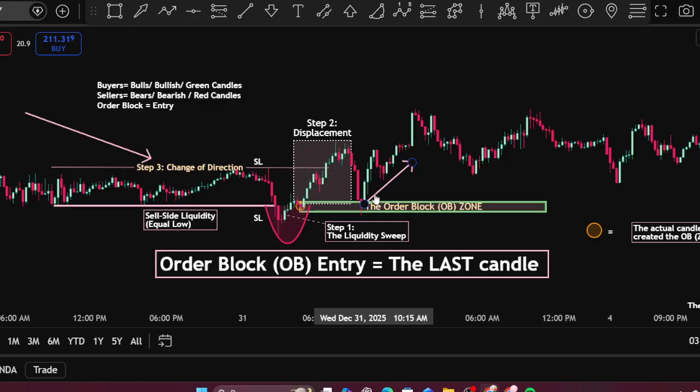And just the last thing, this creates the opportunity for traders to just look for entries aligned with the new direction of the market.